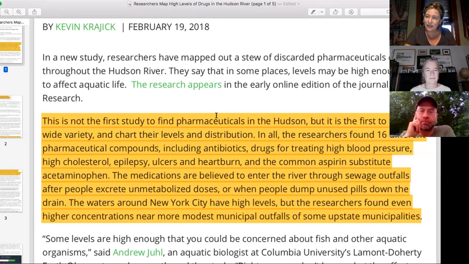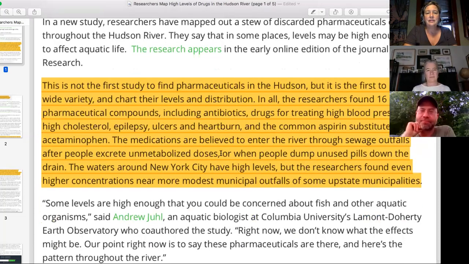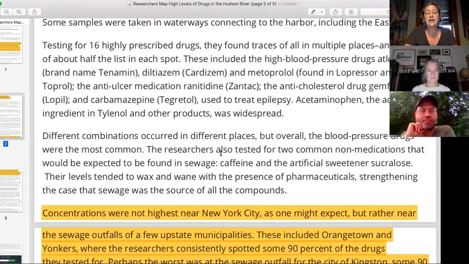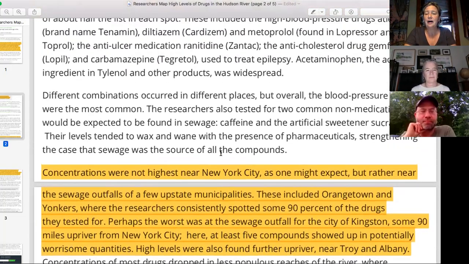So, I have been with you since 2017, and as we were saying, I don't necessarily recall this study, but it was brought out at a meeting with the Hudson 7 in May. What struck me was that there was a high level of pharmaceuticals detected in the city of Kingston's outfall.